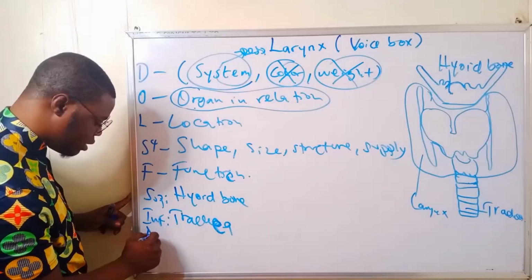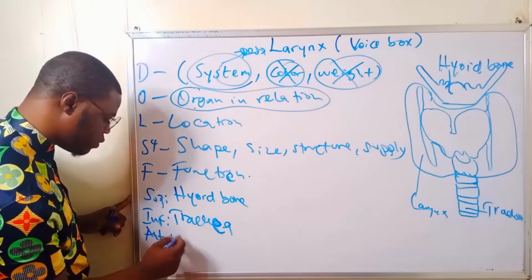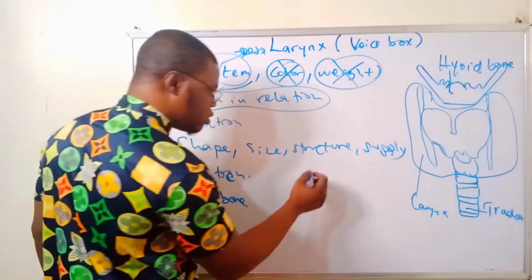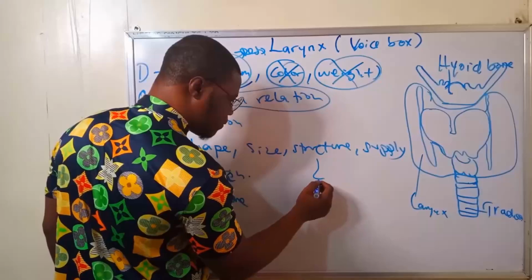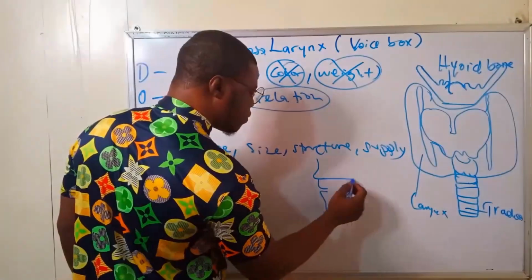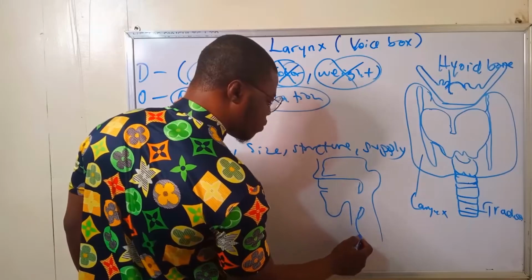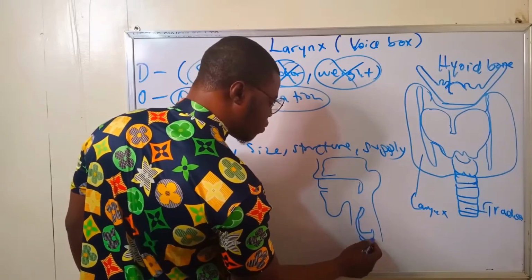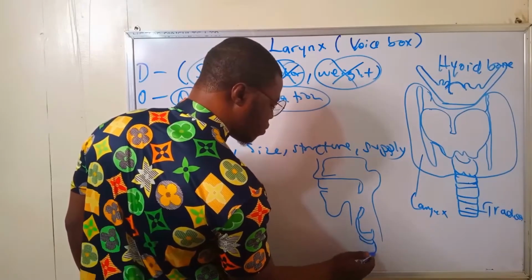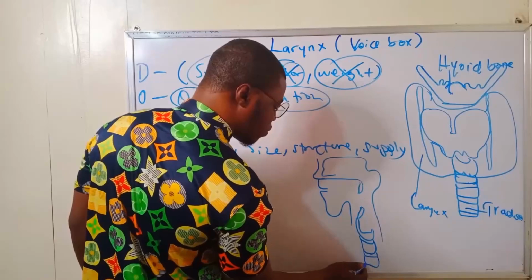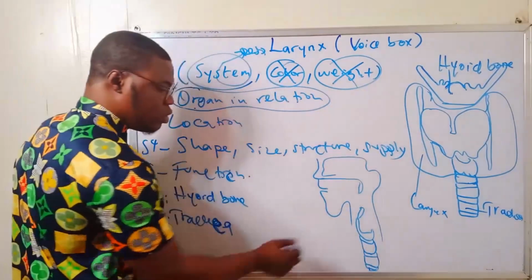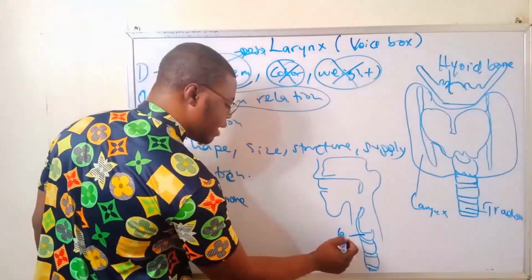And now anteriorly, which means in front. So what do we have there? We already know that this is the larynx, right?